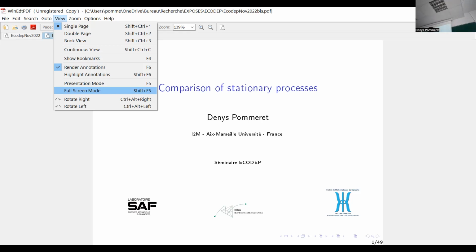So in this talk, I would like to show you how to construct such a kind of test, and how to extend this two-process approach, from the marginal distribution to the whole distribution, and finally how to extend all these results to the case of K processes. So we do not only want to compare two processes, but K processes.